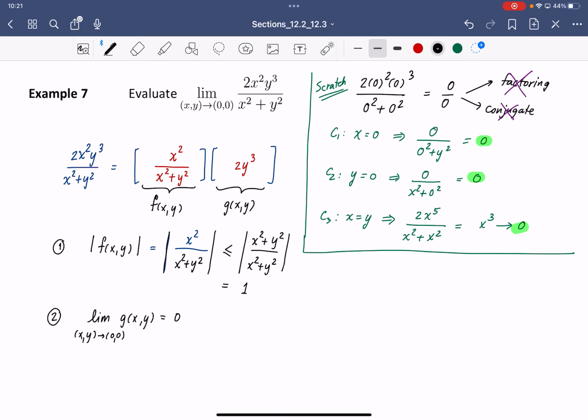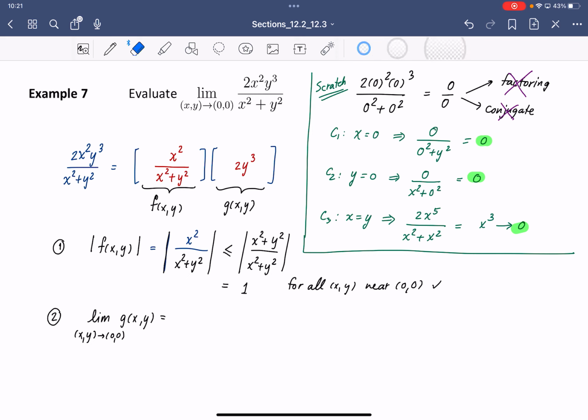So we already proved that condition number 1 holds, because |f(x,y)| is less than or equal to 1 for all (x,y) near (0,0). So it's okay because it's bounded by 1.